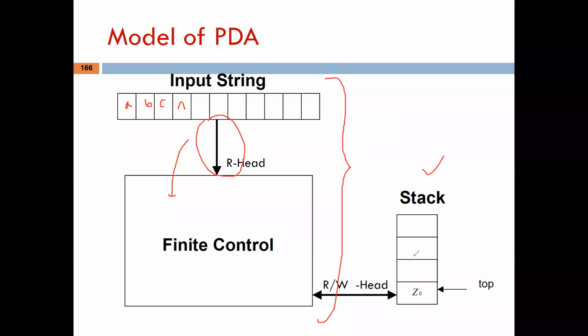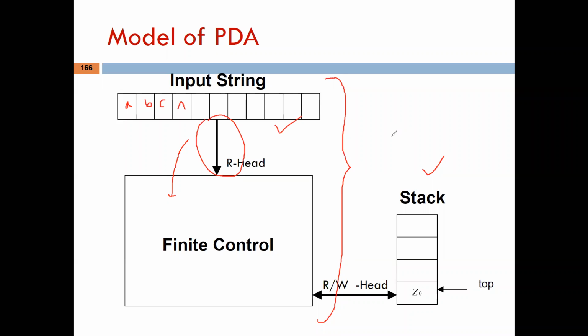In this case, there is a head from the stack. So in the case of the PDA, there will be two heads. The first head is used to read the symbol from the input tape, and the second head is responsible to read as well as write onto the stack.